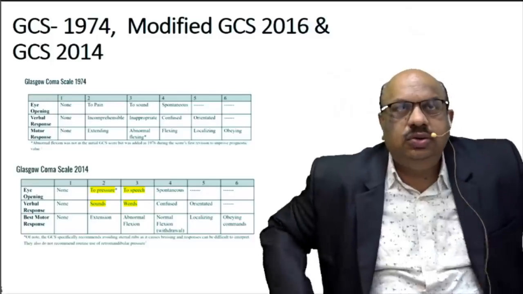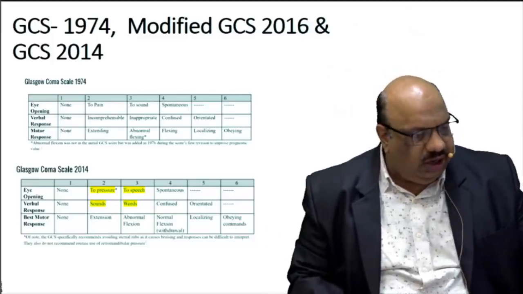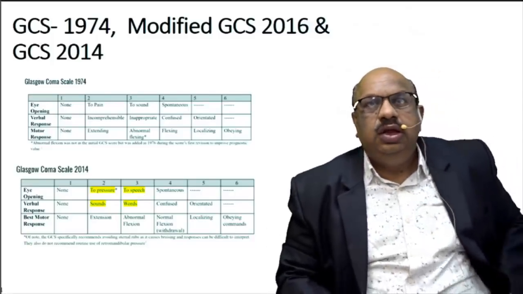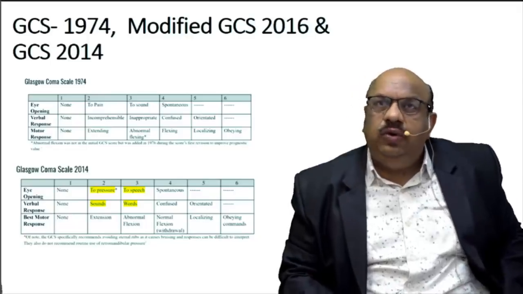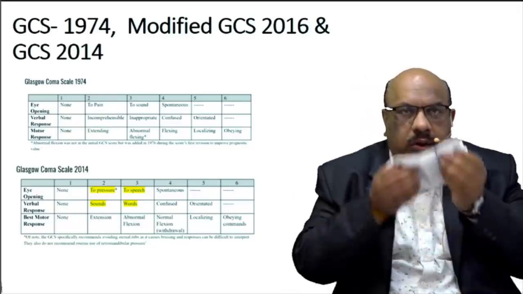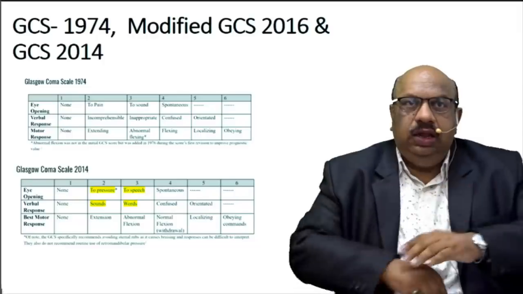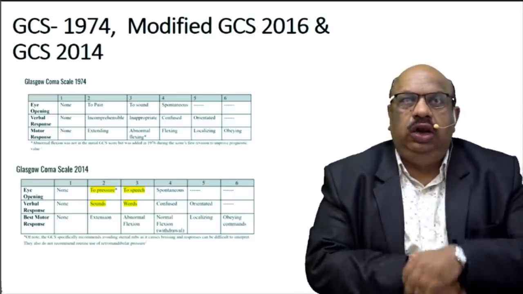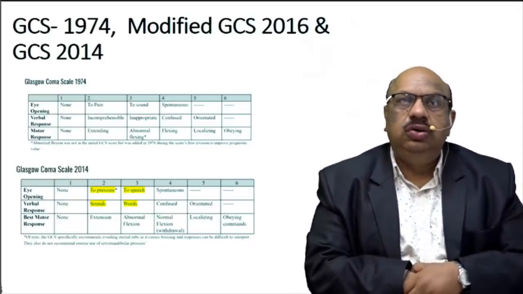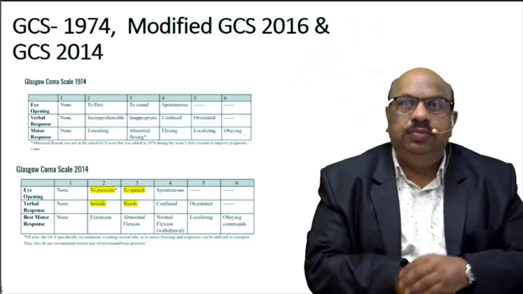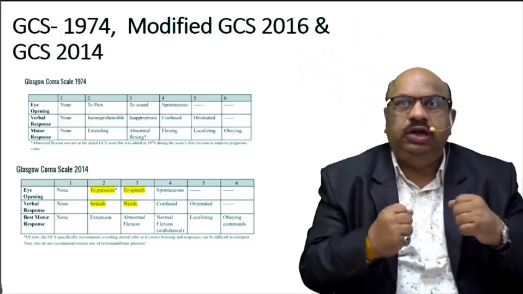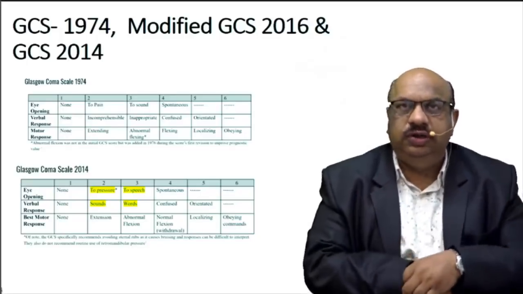Firstly, the Glasgow Coma Scale was given in 1974, and at that time it was only 14, not 15. The flexion withdrawal, abnormal flexion, was not there.